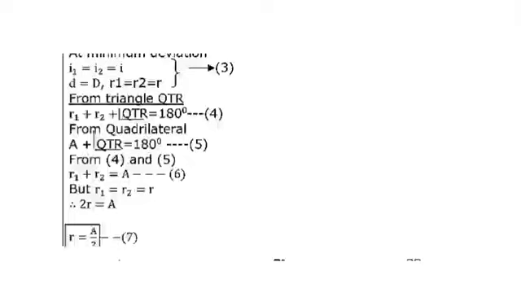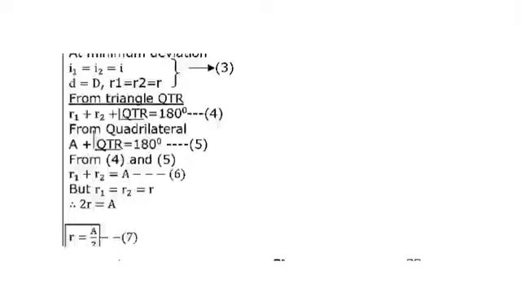Equation 5 I got. Now from equation 4 and equation 5, comparing equation 4 and 5, what we can write? Along the left hand side we have r1, r2, and along the right hand side A, because angle QTR gets cancelled, 180 gets cancelled.